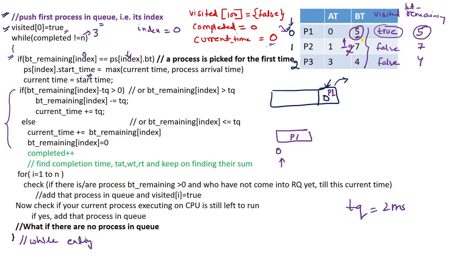Let's say P1 goes to the CPU and completes its TQ amount of time, that is, 2 milliseconds are completed. Then how much time is left in the future for this P1? It will be 5 minus 2, 3.